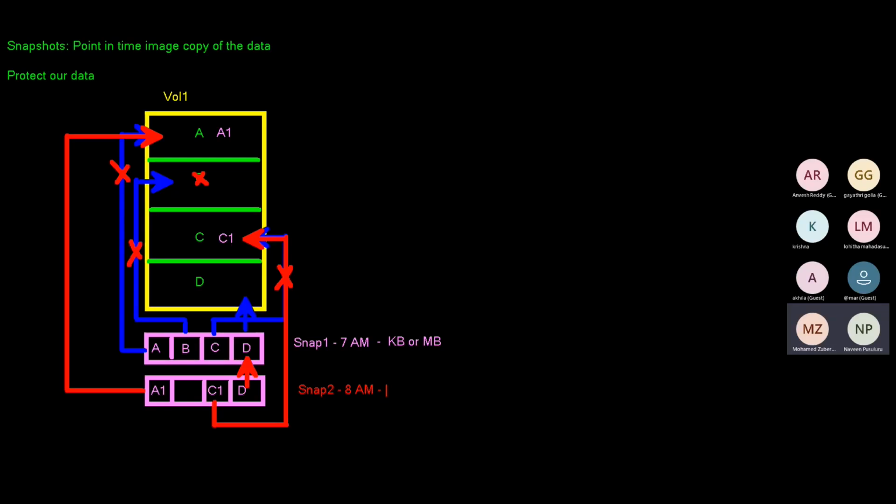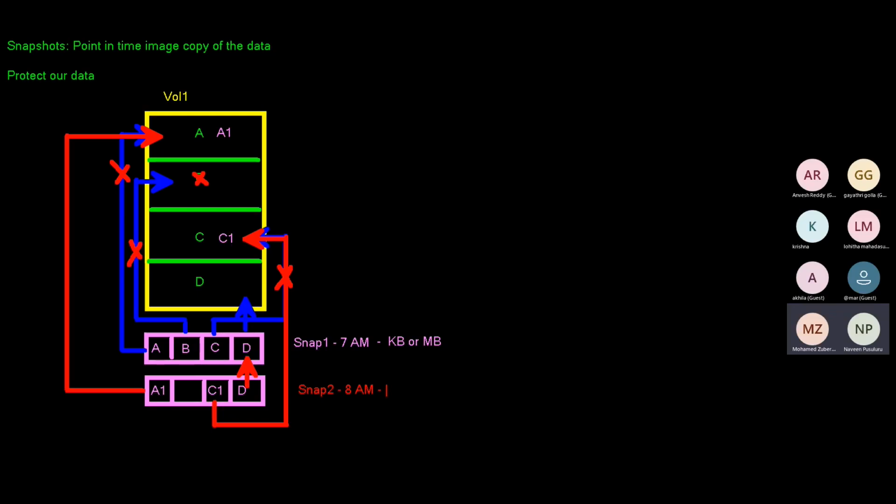So from 8 a.m. onwards, if I perform any changes on top of my volume vol1, from now onwards, Snap2 is responsible for protecting the volume. Snap2 is responsible for taking the changes, whatever happens on top of the volume. Because from 7 a.m. to 8 a.m., my Snap1 is responsible.